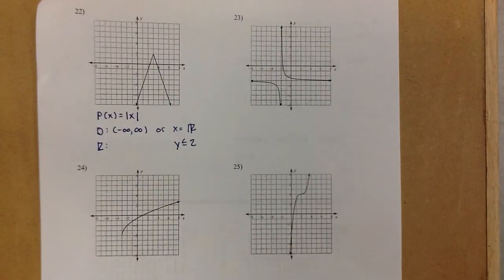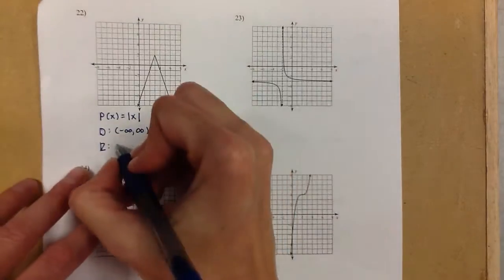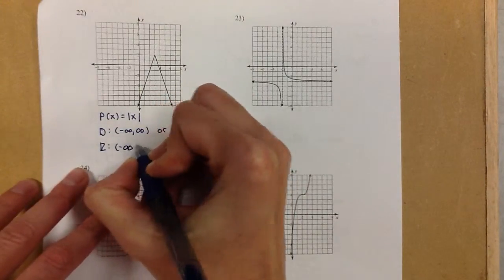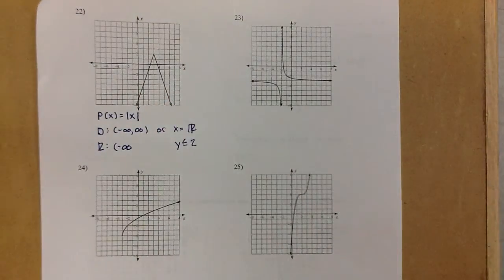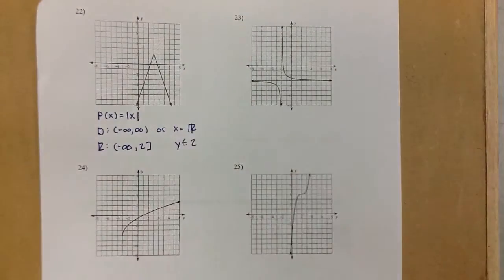It's telling me everything less than 2. What is it in interval notation? Okay. No, and you're not the only one that does that. All I want to know is where's the bottom and where's the top.